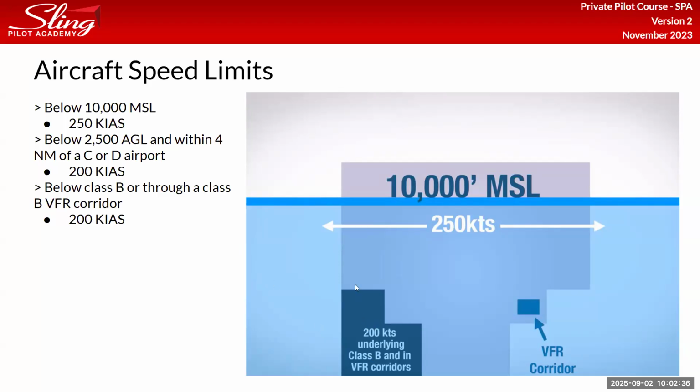If you're flying underneath any of the Bravo shelves, you have to be at 200 knots indicated airspeed. And if you're flying anywhere in any airspace under 10,000 MSL, you have to be at 250 knots or below. That's your speed limit.